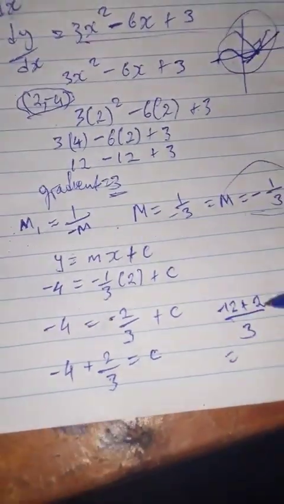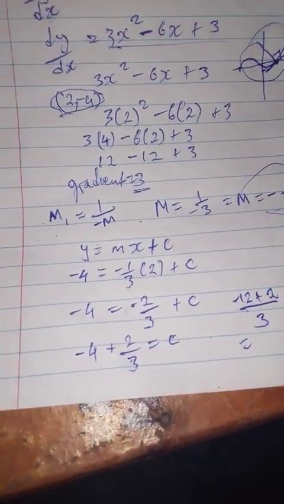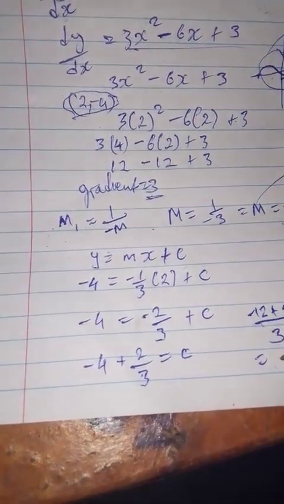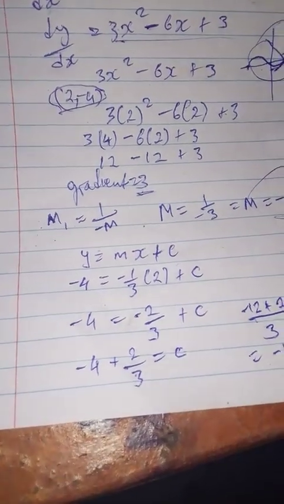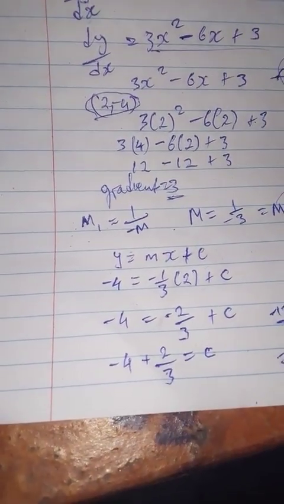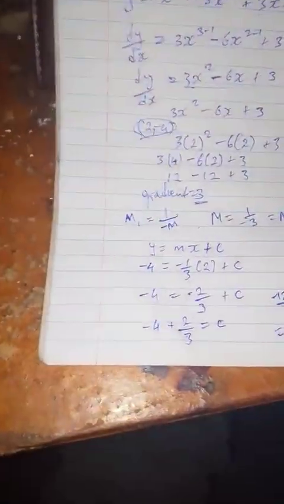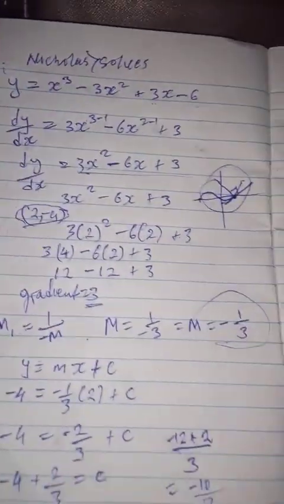So we have negative 12 plus 2, that is negative 10 over 3. So this negative 10 over 3 is the value of c.